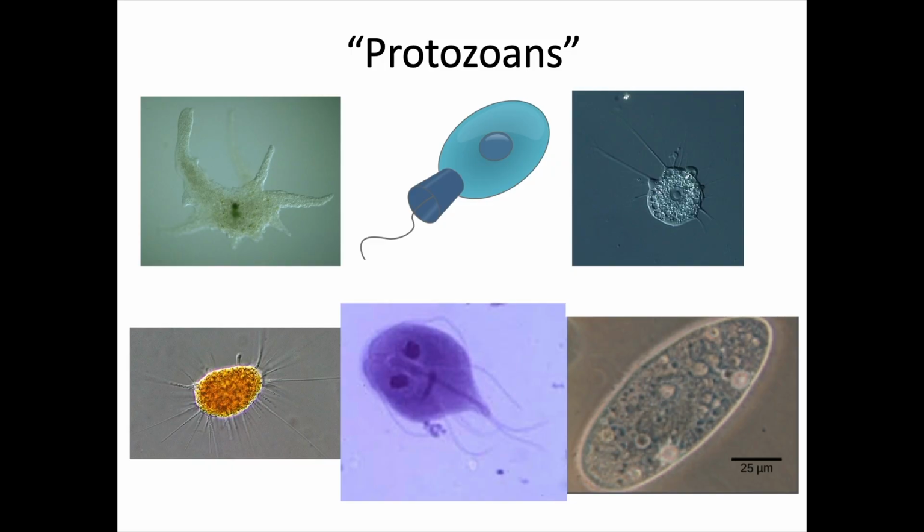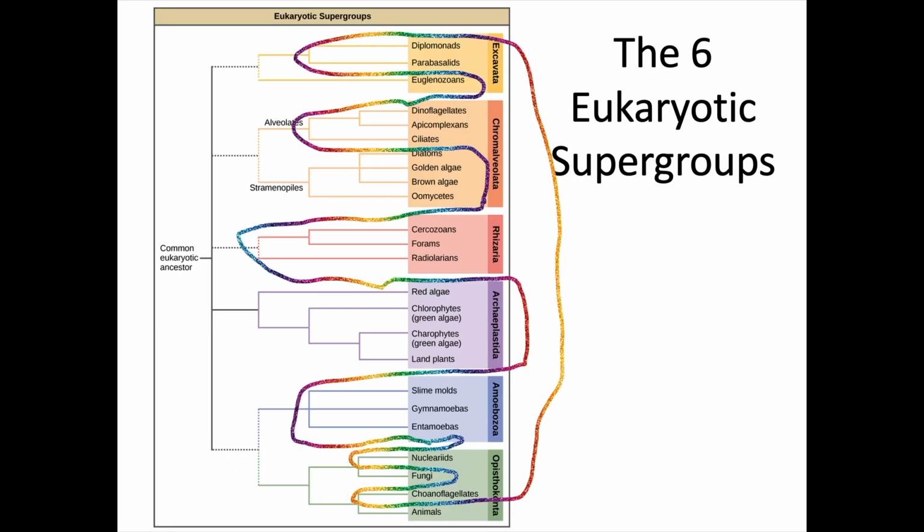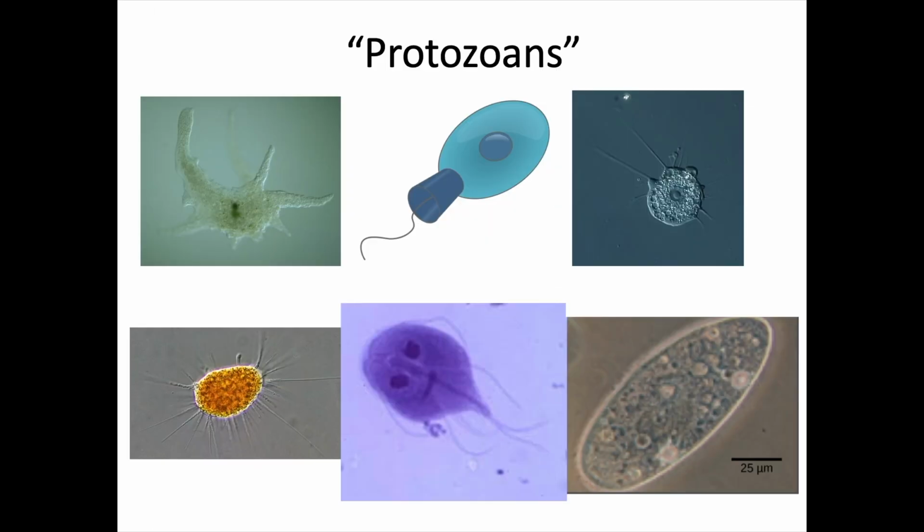If we want to identify what the protozoans are, it looks like this, and oh my goodness, almost every supergroup here is included. They're across the board here. This is definitely not a clade. This is definitely not an evolutionarily significant group. It's another sort of grab bag term, but I mean, it kind of makes sense.